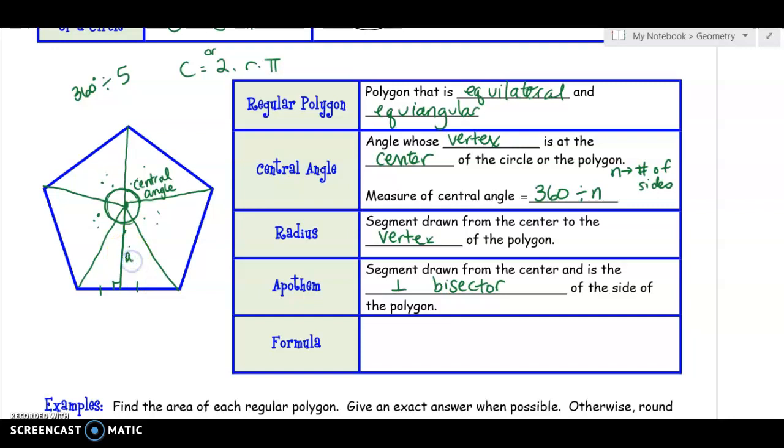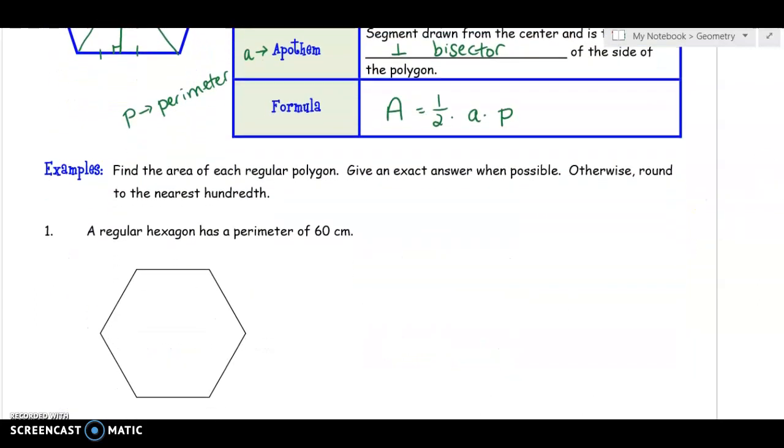A for apothem. The formula is area, capital A, not little a, equals 1/2 times the apothem times P. P stands for the perimeter. So to find the area of a polygon, you need to do 1/2 times whatever the apothem is times whatever the perimeter is. We'll do that down below.